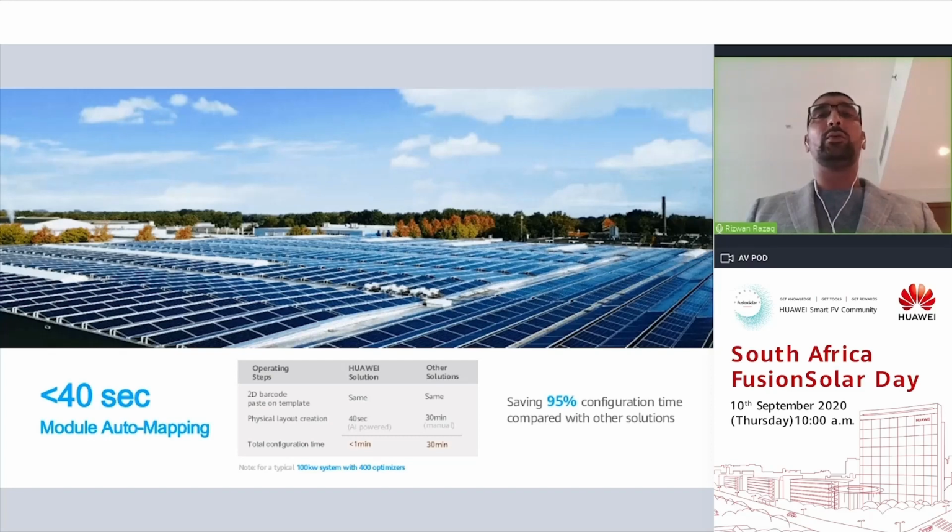When you are installing the optimizers, the QR codes can be peeled off very easily, laid out onto a piece of paper, and easily photographed and mapped into the FusionSolar software. Compared with a traditional solution where you are scanning multiple different QR codes, which can be quite labor intensive and take longer to install, it's a shorter installation time.